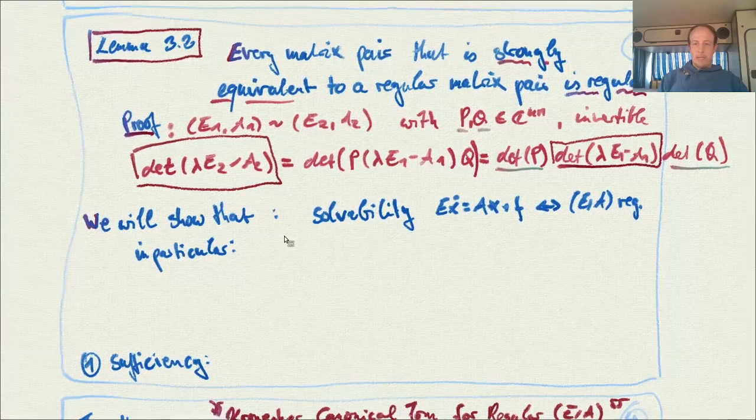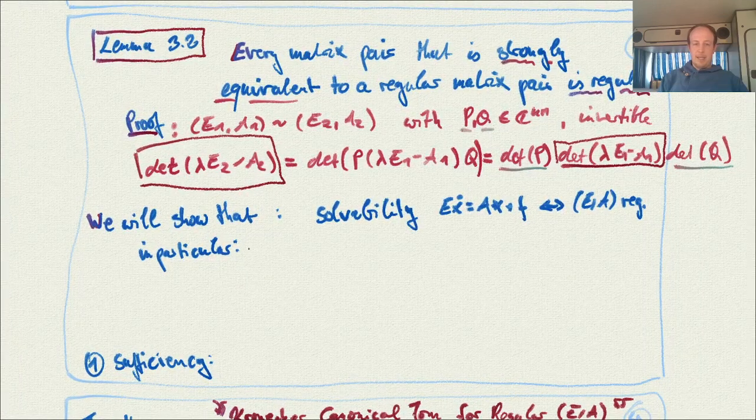And why this is another nice thing for DAEs: we will show that this DAE E x dot equals A x plus f is solvable up to some strange cases, but in general it's solvable if this matrix pair E and A is regular.